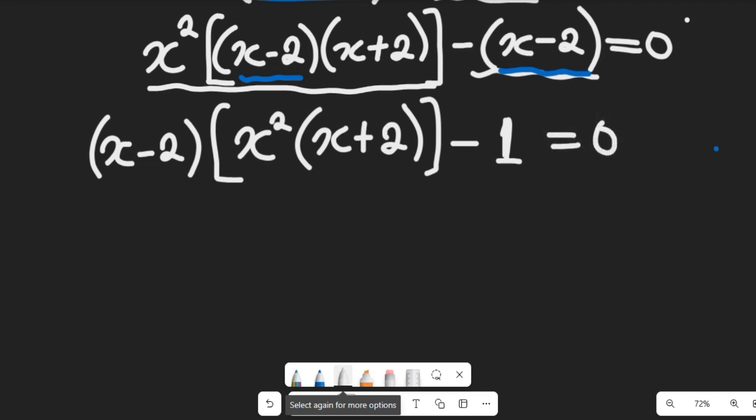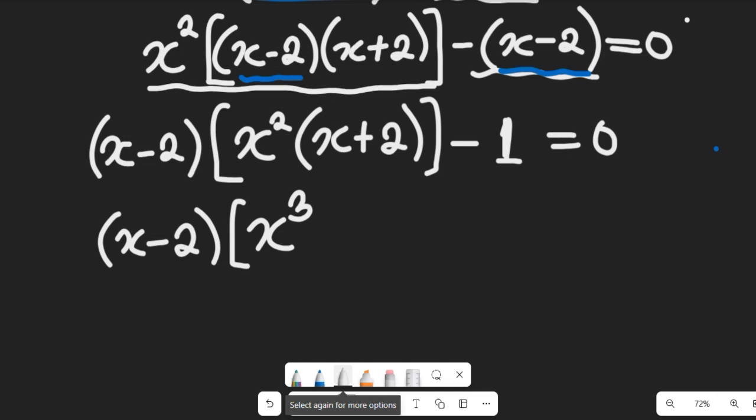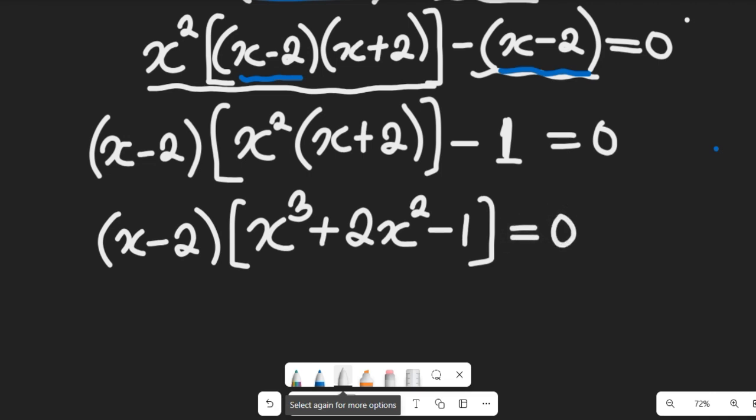So at this point, I am simply going to simplify. If I simplify this expression, this is going to give me x minus 2, and this is going to give me x times x squared times x, that will give me x to the power of 3 plus 2x to the power of 2 minus 1. And this whole thing will be equal to 0.